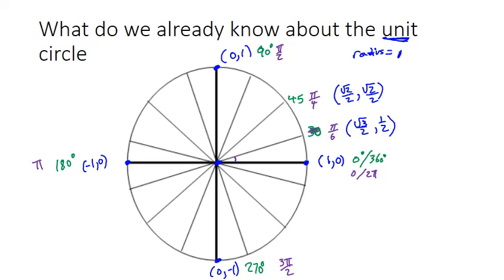The next angle that we had up was 60 degrees, and it was equivalent to pi over 3 radians, and the ordered pair that we had for that particular point was 1/2 comma radical 3 over 2. It turns out that this is enough for us to figure out the rest of the quadrants. So let's go ahead and figure out what's going to happen for the rest of these.